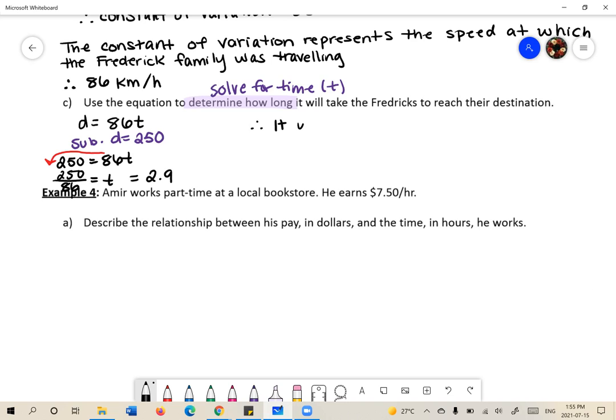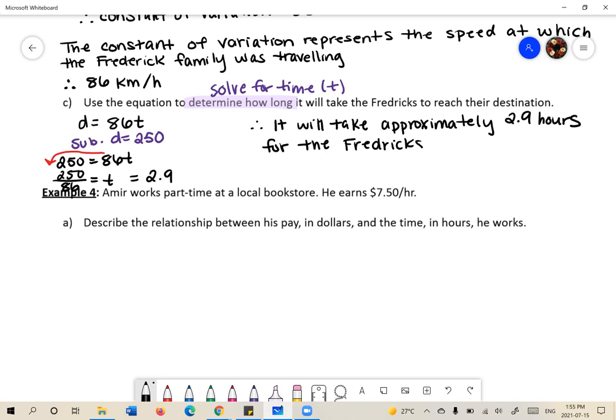Therefore, it will take approximately 2.9 hours for the Fredericks to reach their destination.